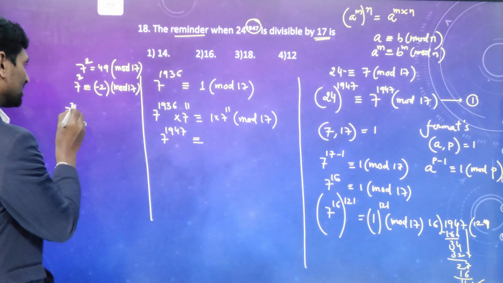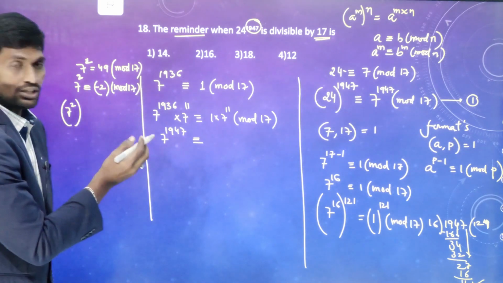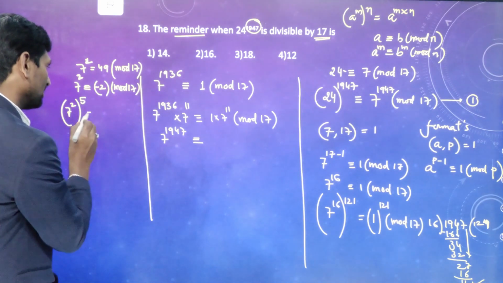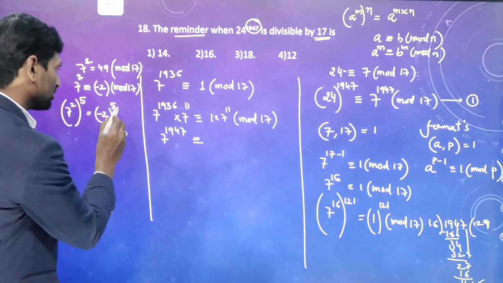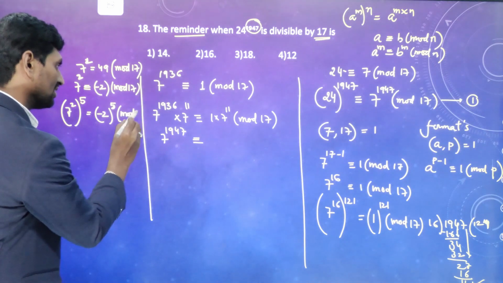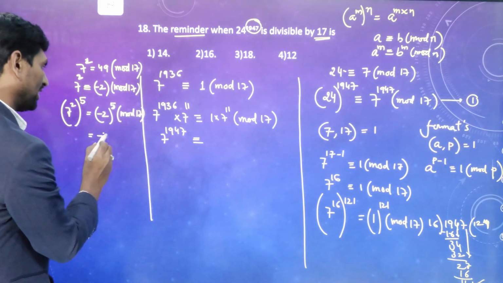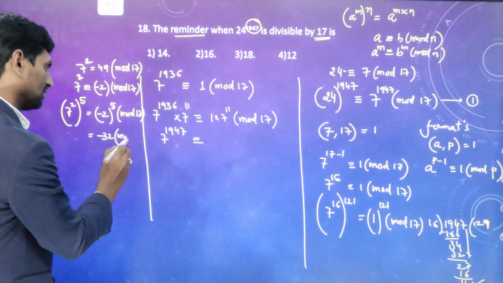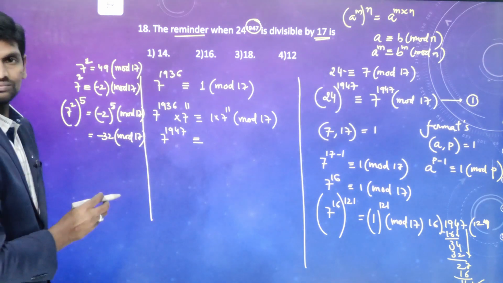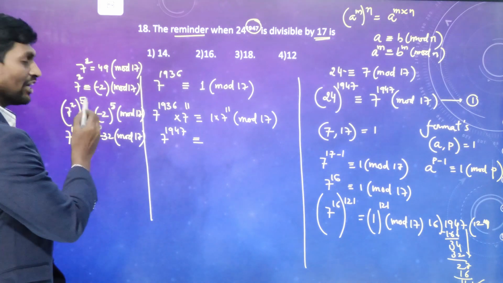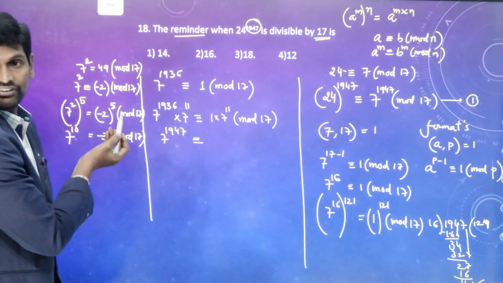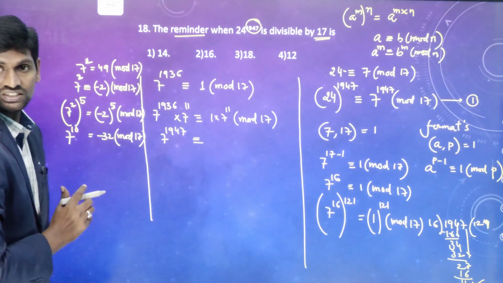That means 7 square I can express up to 5 times. Minus 2 power 5. Minus 2 power 5, how much? Minus 32 mod 17. So this is the 7 power 10 value: 7 power 2 whole power 5. 7 power 10 value I got is minus 32.